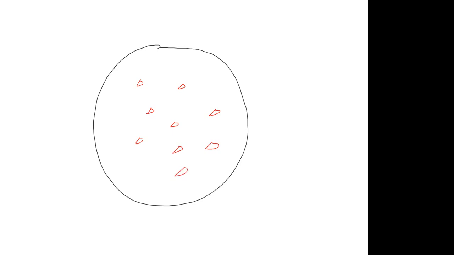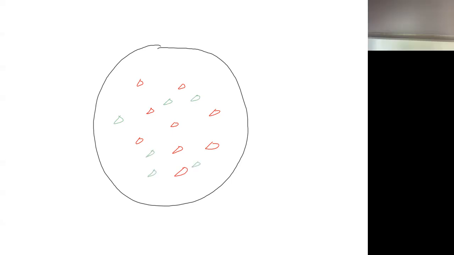And inhibitory neurons. And they're connected. So lots of connections. So red, excitatory, green, inhibitory.